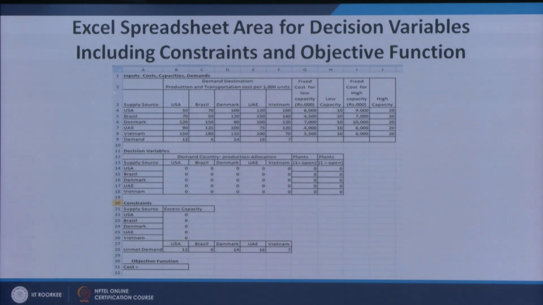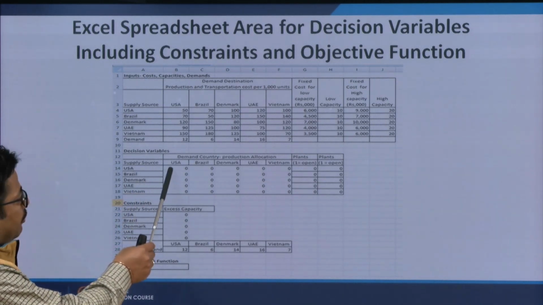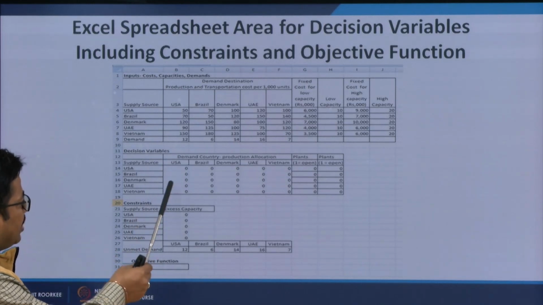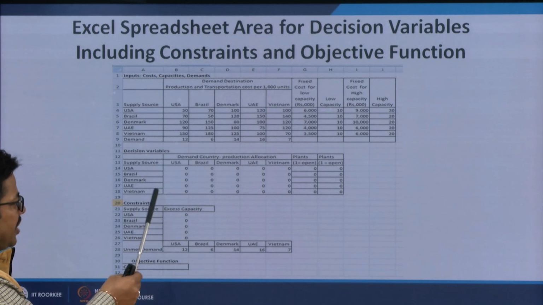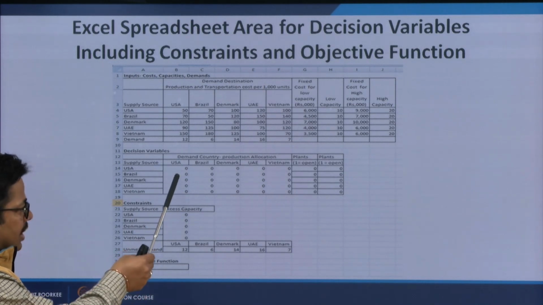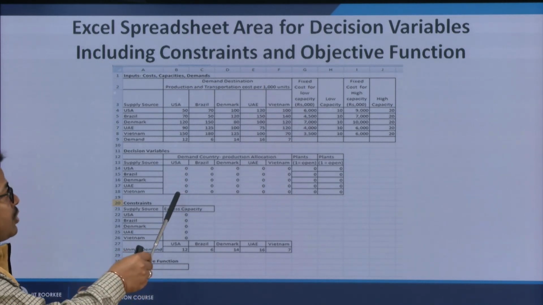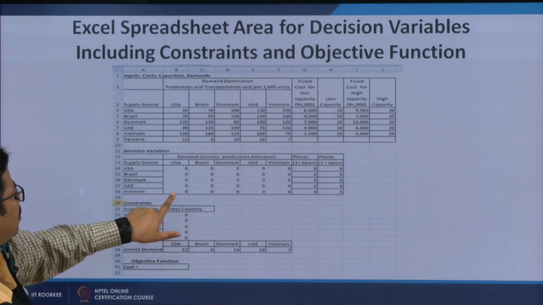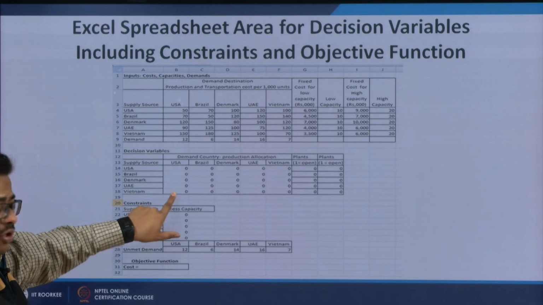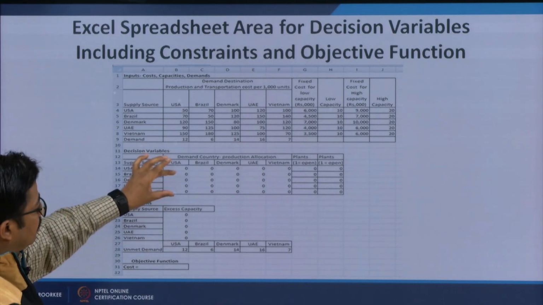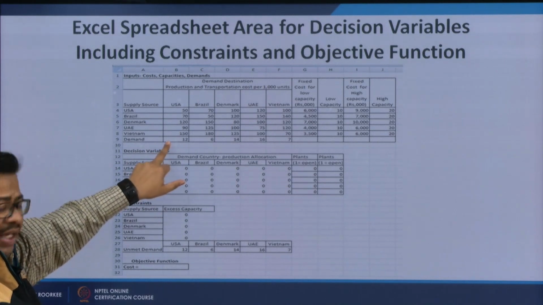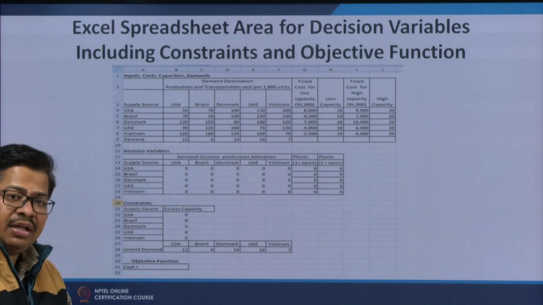USA is getting from USA to USA, from Brazil to USA, from Denmark to USA, from UAE to USA, from Vietnam to USA. These are the units which USA is going to get. So, this is the sum of B14 to B18. If I subtract this sum from B9, that is my unmet demand.